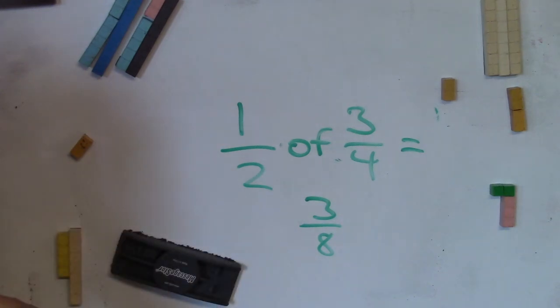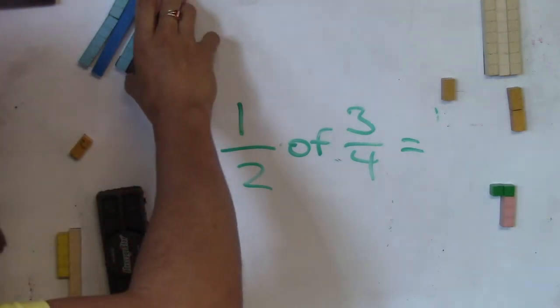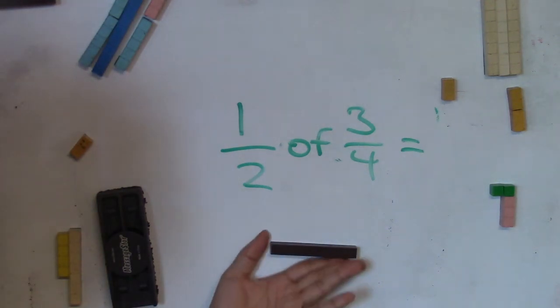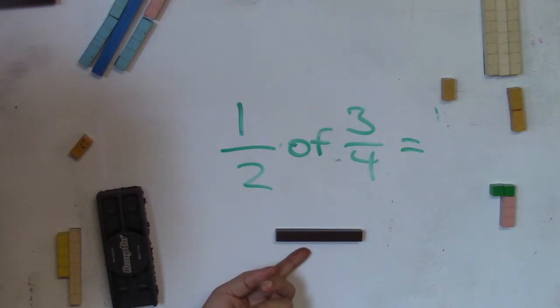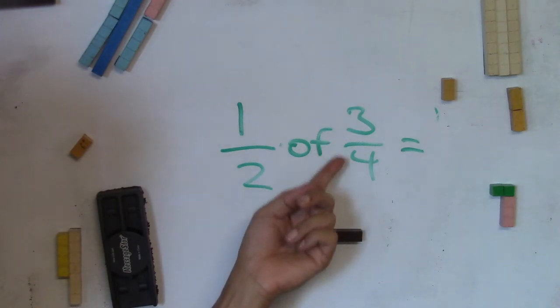Now let's think about this. I want a half of 3/4. Let's talk about the 8 part. We're going to make this into 8s instead of 4s now. Why are we going to make it into 8s? Well, 2 times 4 is 8. Now here's the thing. If I had 8s over here, wouldn't this be 6/8?